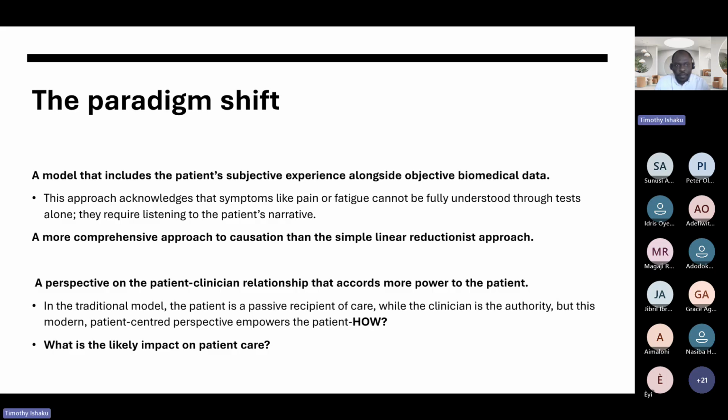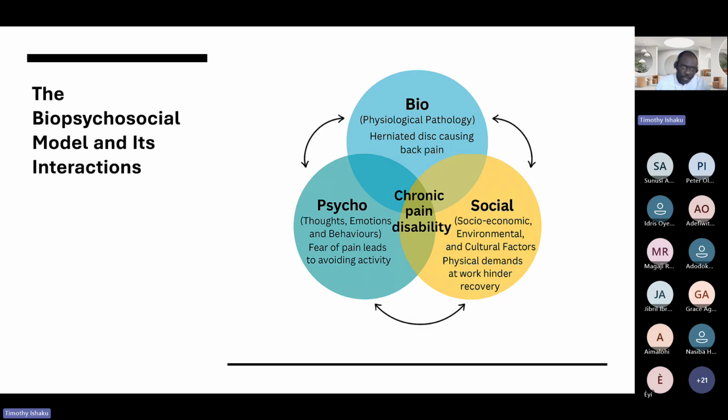So, in summary, a model that captures subjective experience, looks at multiple causation, and puts the patient at the center. And that is what we call the biopsychosocial model. So the biopsychosocial model of care, it's the new model, it endeavors to become more contextual and cross-disciplinary.